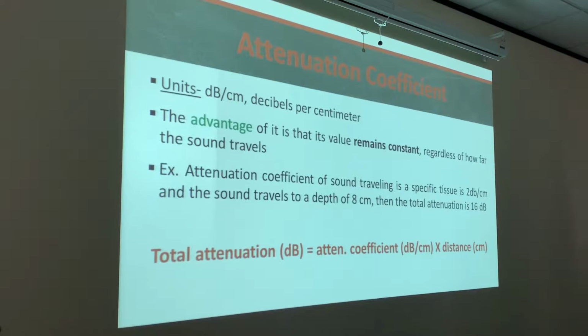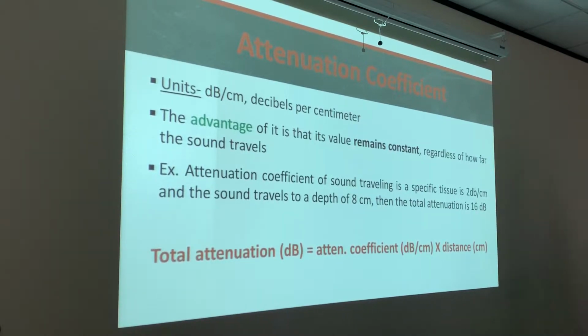Sound is traveling at 2 decibels per centimeter, and the sound beam travels at a depth of 8 centimeters. To find out the total attenuation of this beam, all we have to do is multiply the attenuation coefficient, 2 decibels per centimeter, by the distance traveled.